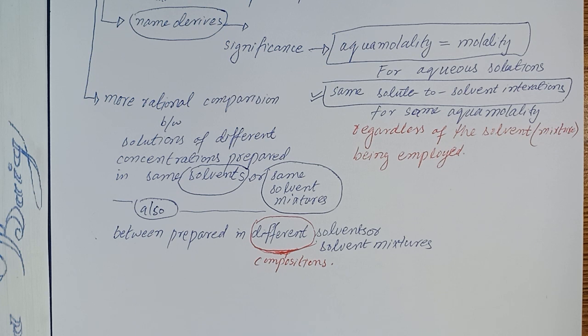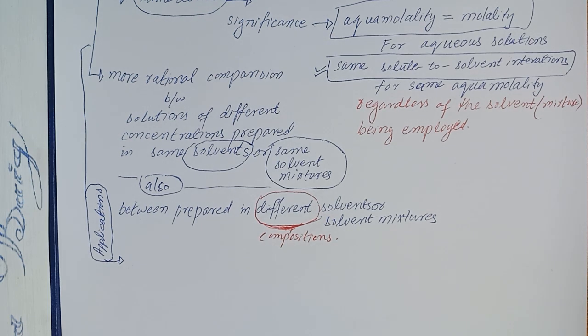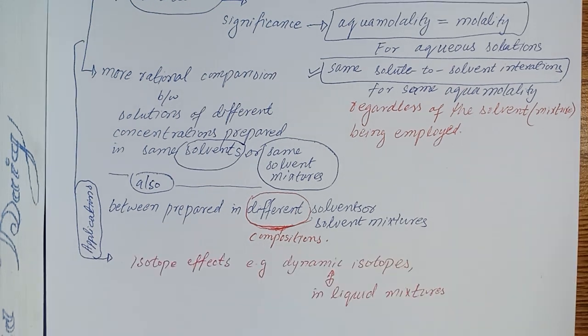In view of its relevance and significance, the aquamolality scale has been used by many workers, and variation of many physical properties has been explained using the aquamolality scale. So it has been applied in many physical properties. For example, whenever isotope effects, for example, dynamic isotopes in liquid mixtures are investigated, the use of the aquamolality scale is indispensable.